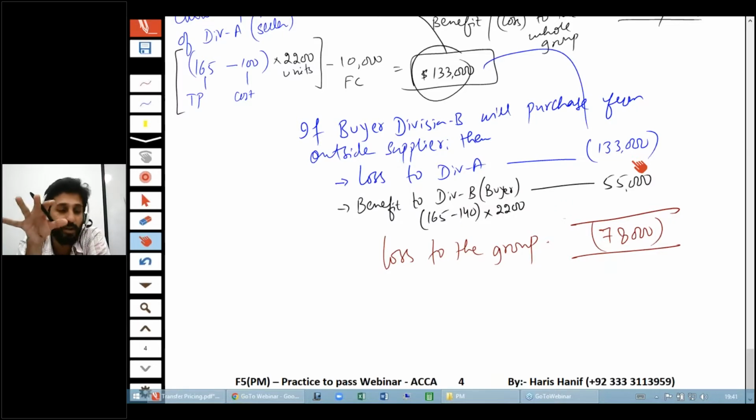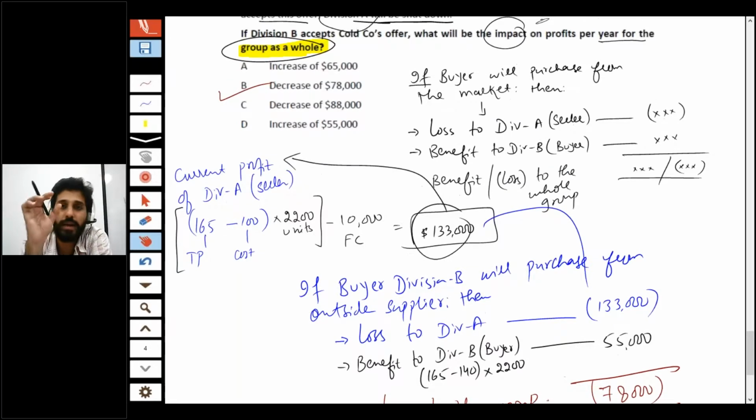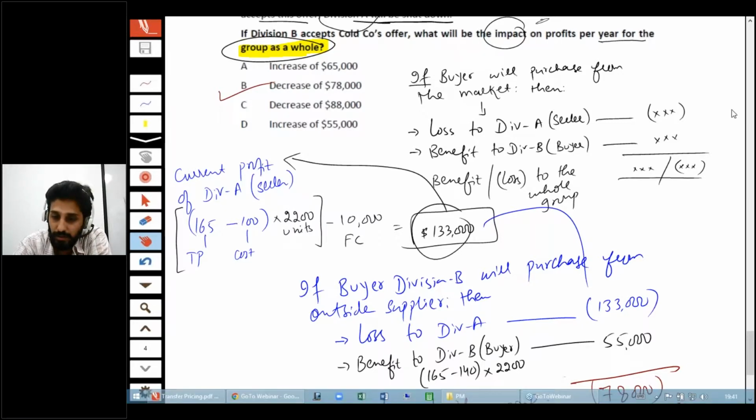You will be in profit, but your profitability would be reduced. All right. So in order to retain the profit in a group, you should reduce your transfer price.